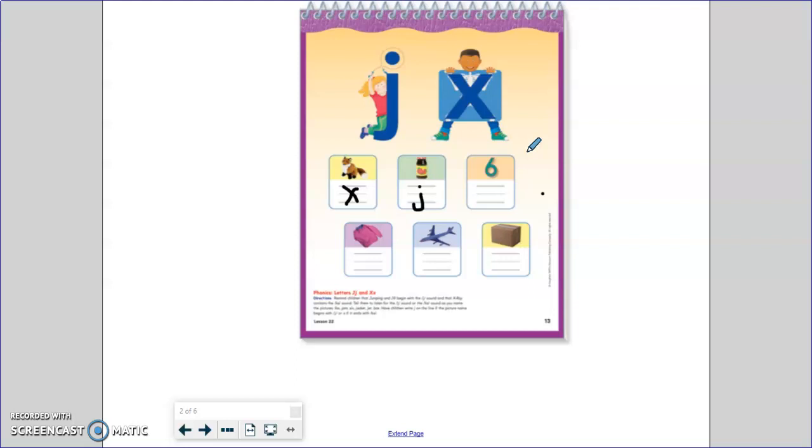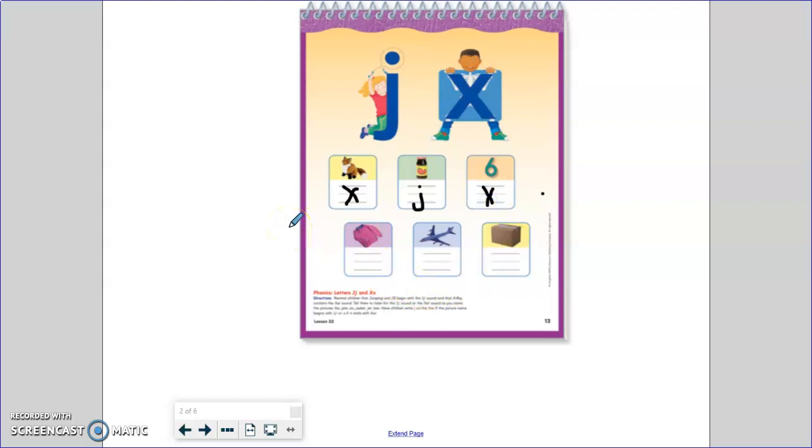Do you hear the X sound in the word 6? Yes, the ending sound is the X sound. Which letter should I write to make the X sound? The letter X. Good job.